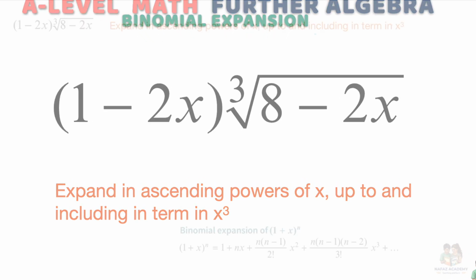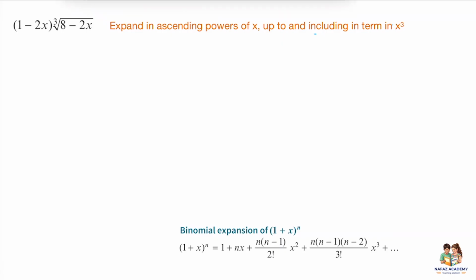This is Nafas speaking. Here is a binomial expansion problem, and we expand in ascending powers of x up to x to the power cube. But there is a problem. If we use the binomial expansion, usually I use these rules.